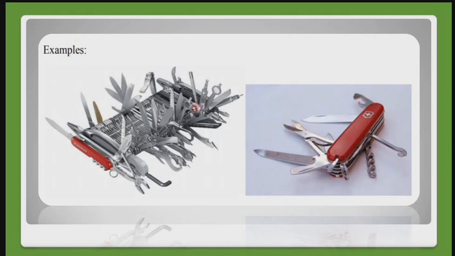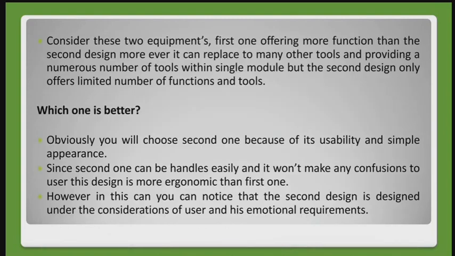Now which one is better? Obviously you choose the second one. Because of its simple appearance, the second one can be handled easily, won't confuse the user, and is more ergonomic than the first one.